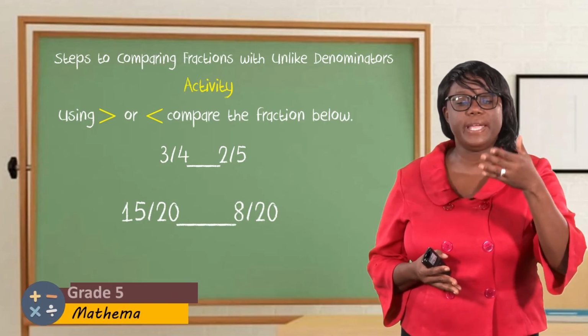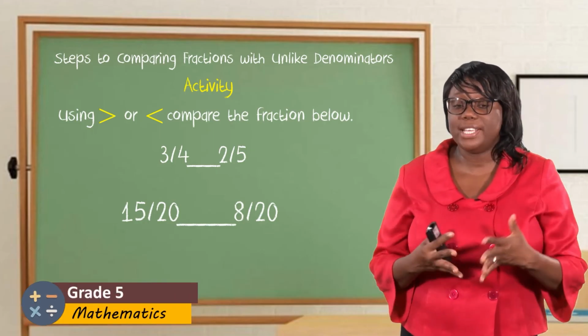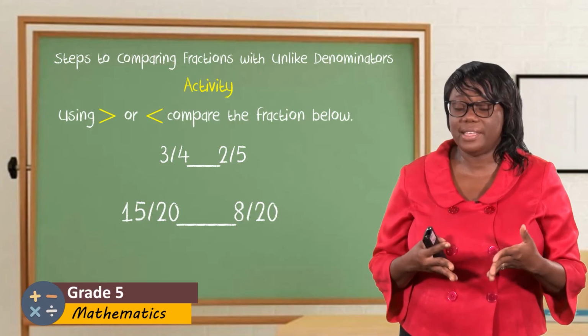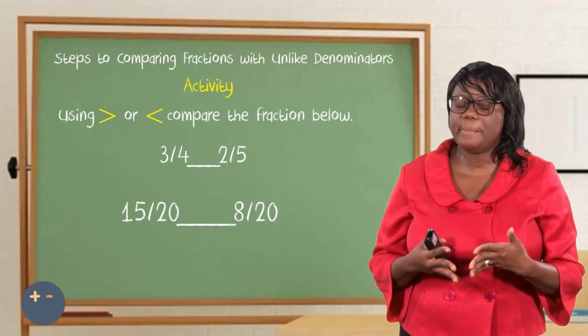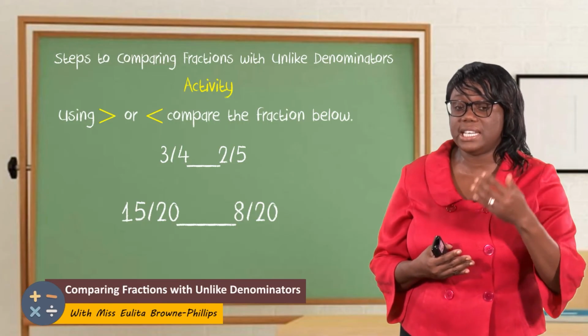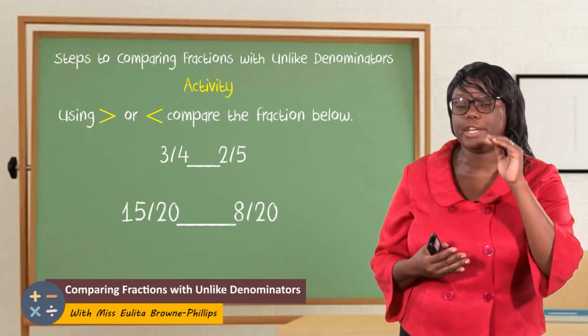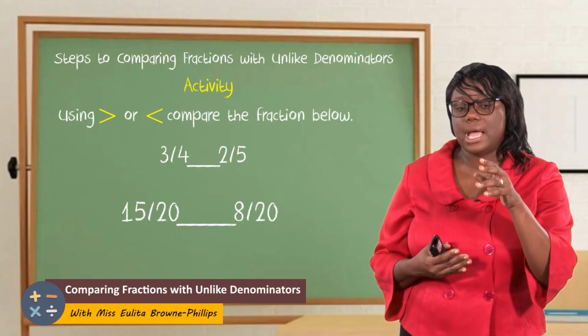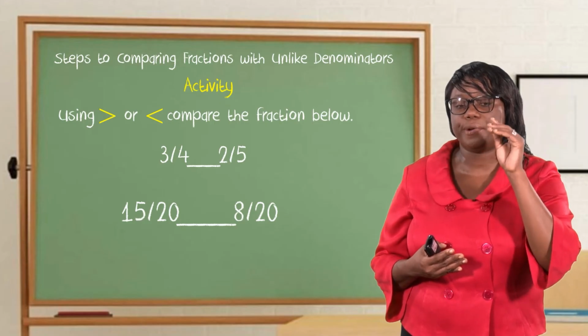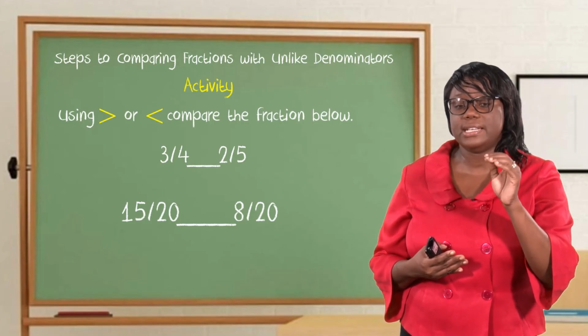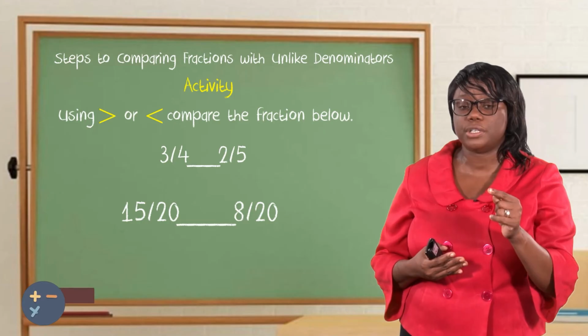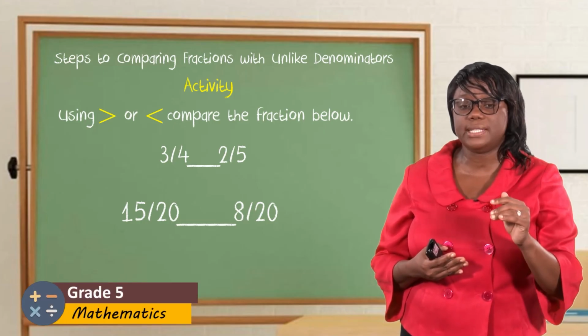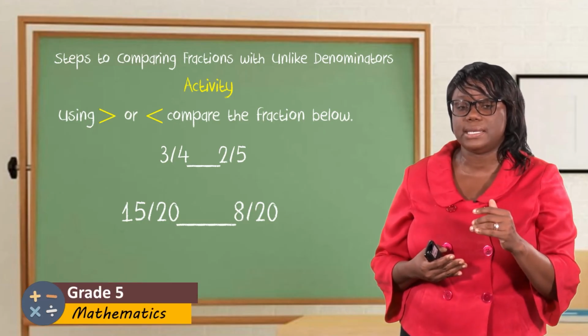So let's compare them. Boys and girls, we learned that when comparing fractions with the same denominator, we look at the numerators. And the fraction with the greater numerator is the larger fraction. So we have 15 over 20 and 8 over 20.